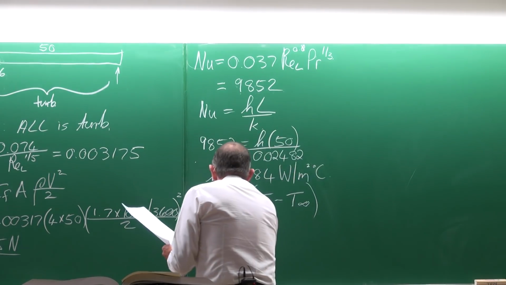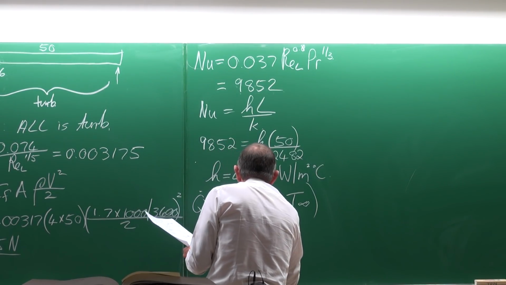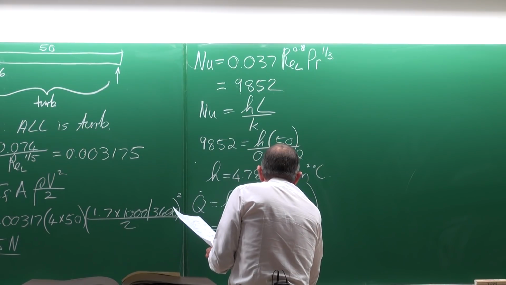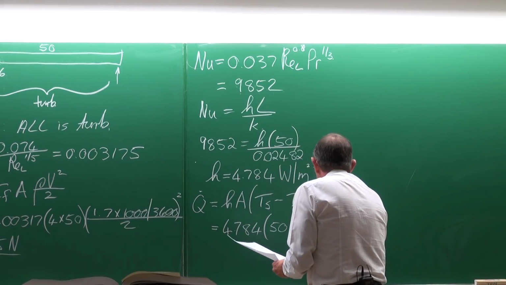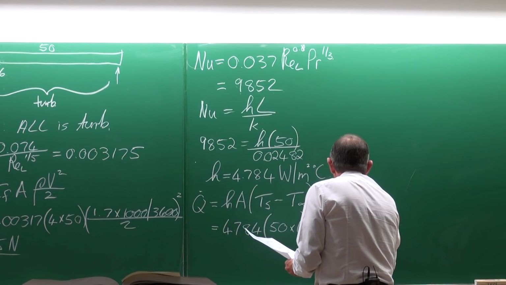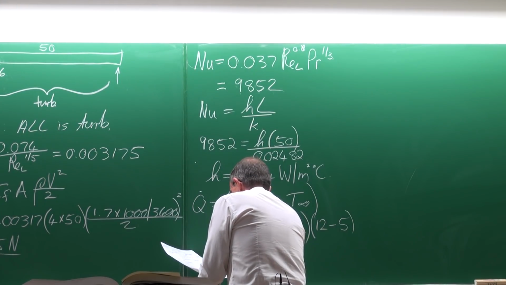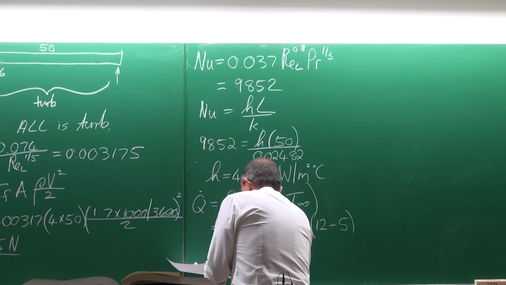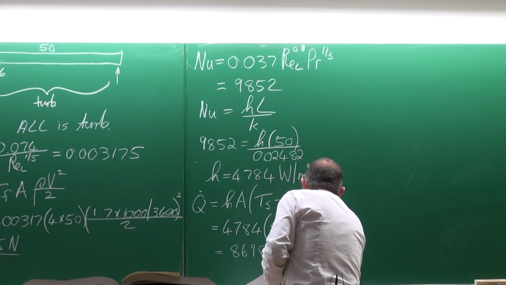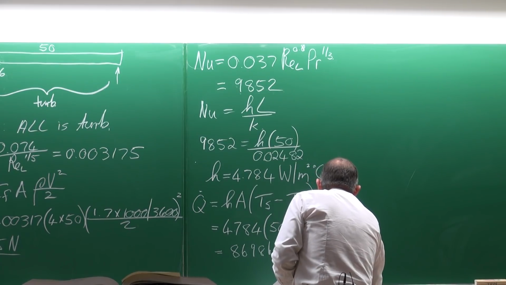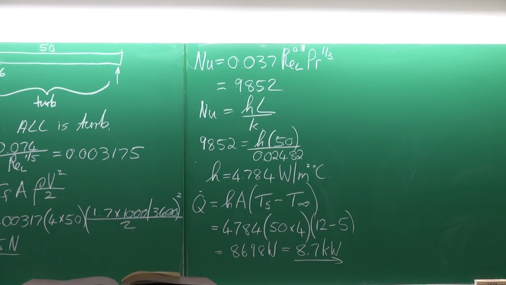And then we can calculate the heat transfer rate, which is equal to 4.784 multiplied by the area, which is 50 multiplied by 4, and the temperature difference is 12 minus 5. And the result is a heat transfer rate of 8,698 watt, which is about 8.7 kilowatts.